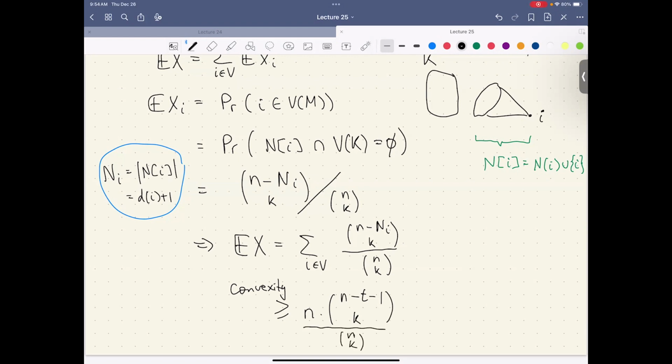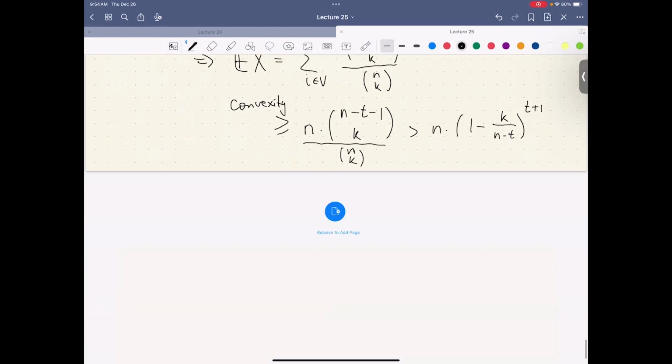Okay. Now this is a binomial coefficient. One can compute that this is larger than n times (1 minus k over n minus t) to the power t plus 1. This is an easy calculation.